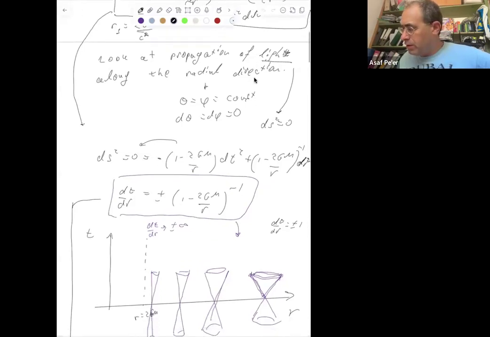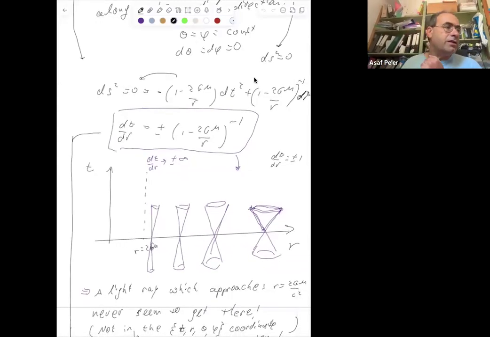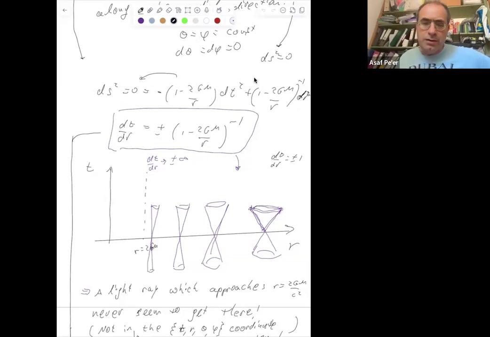radius, 2GM. We said this in a way is an artifact. I mean, it's not an artifact in the basic sense that, if I'm an astronaut and you're an astronaut and you decide to go into the event horizon, the Schwarzschild radius, then I will never be able to see you reach there. It will always take an infinite amount of time from my clock to see you. Doesn't mean that you will never be able to reach there.